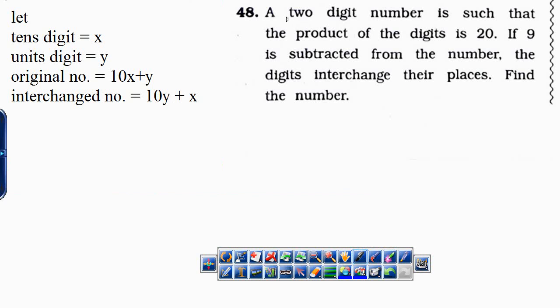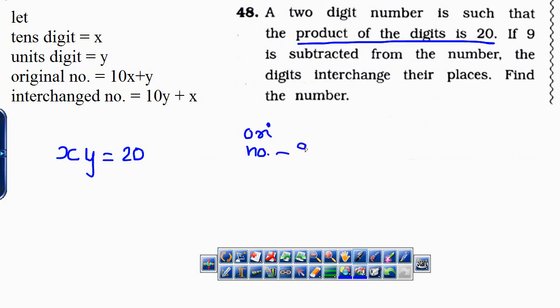अब पढ़ते हैं. A 2-digit number is such that the product of the digits is 20. If 9 is subtracted from the number, number मतलब कौन सा number? Original number. If 9 is subtracted from original number, the digits interchange their places. तो वो interchange number बन जाता है.